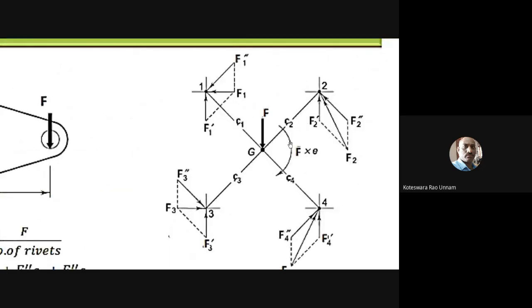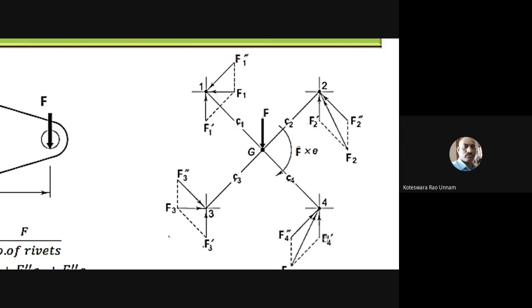Okay, no problem. Here, see, if we take the first rivet, this is the primary force and this is the direction of the secondary force. So now I have two forces acting at this first rivet. Similarly, for the second rivet also, this is the primary force and this is the secondary force. For the third rivet also, and for the fourth rivet, this is the primary force and this is the secondary force.